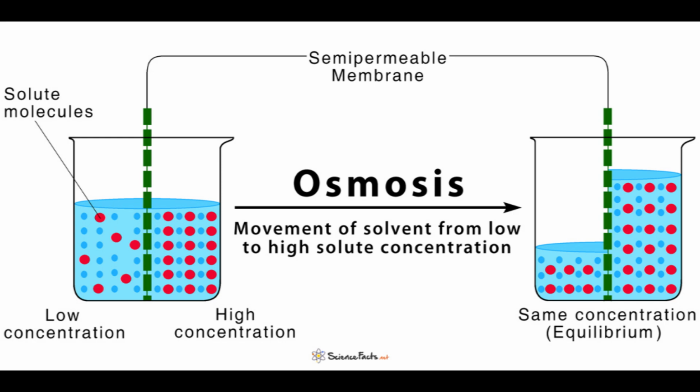Osmosis is the penetration of water through a biological semi-permeable membrane of a cell, which allows water to pass through but prevents the passage of substances dissolved in it. Osmotic movement of water occurs from an area of lower concentration of dissolved substances to an area of higher concentration of dissolved substances.